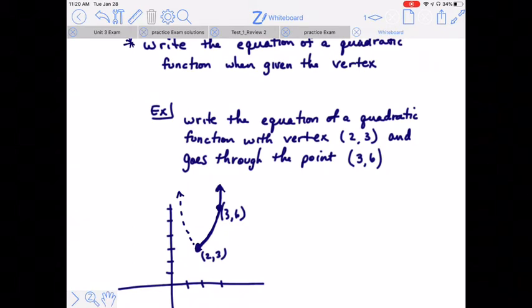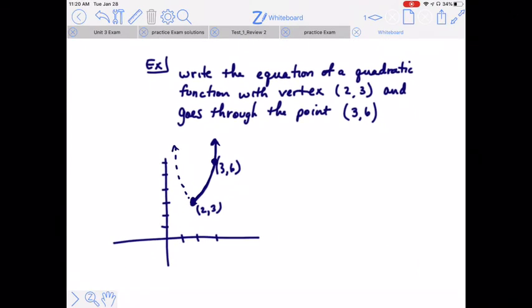So we know that this parabola faces up, which means the leading coefficient is positive. And the fact that the vertex is at the point 2, 3, so let me just write the equation here.